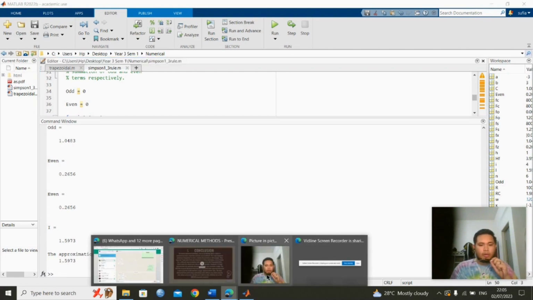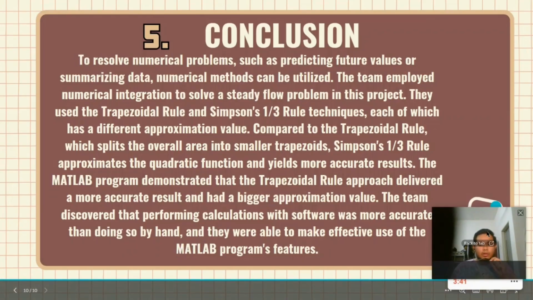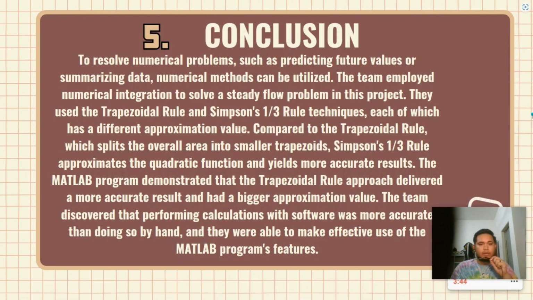For the conclusion, to resolve numerical problems such as predicting future values or summarizing data, numerical methods can be utilized. The team employed numerical integration to solve a steady flow problem in this project. They used the trapezoidal rule and Simpson's 1/3 rule techniques, each of which has a different approximation value.